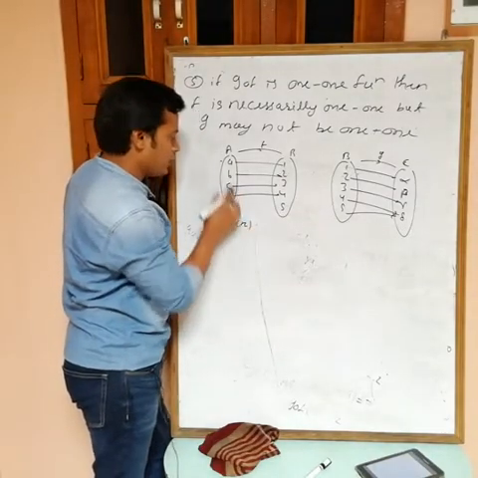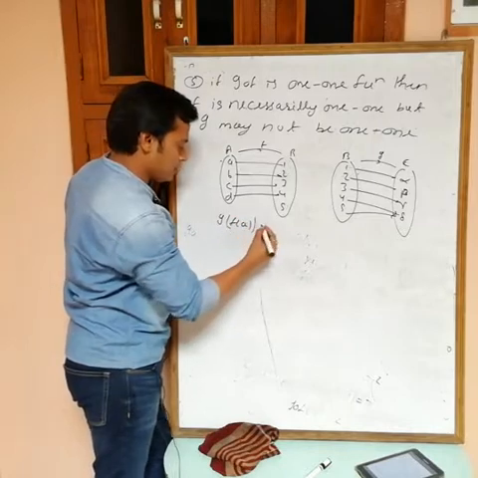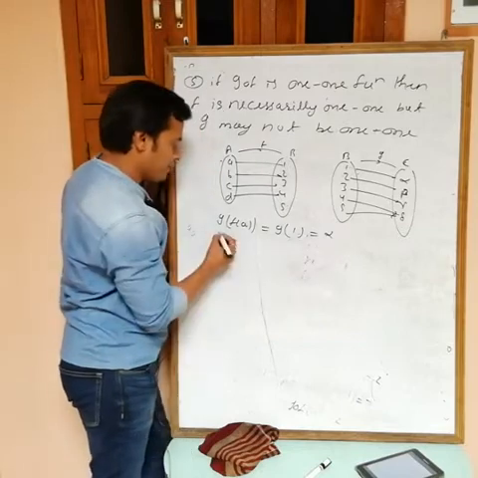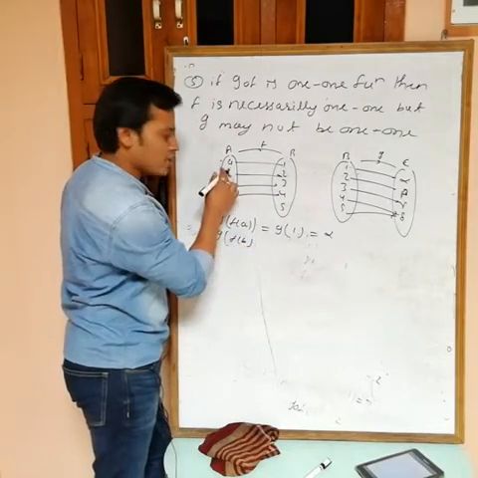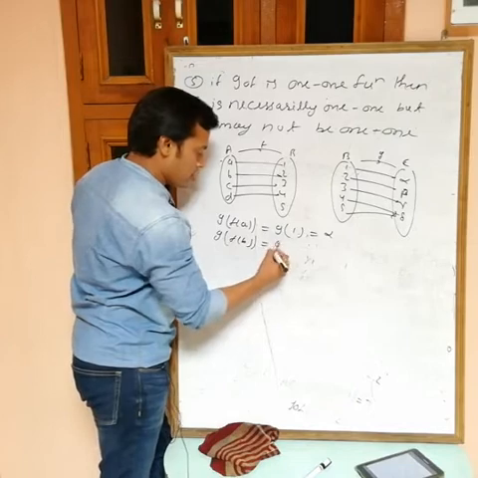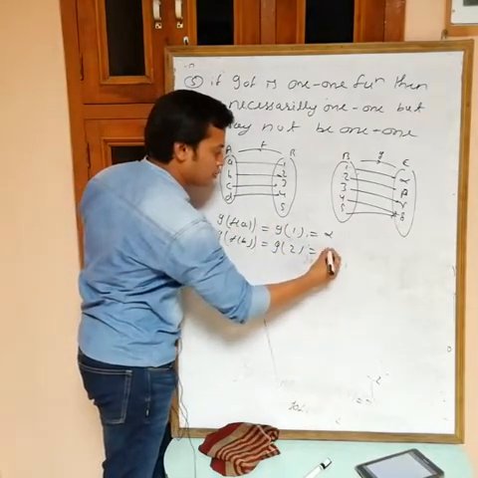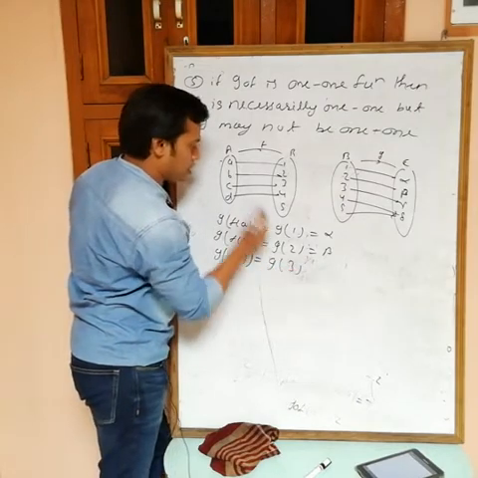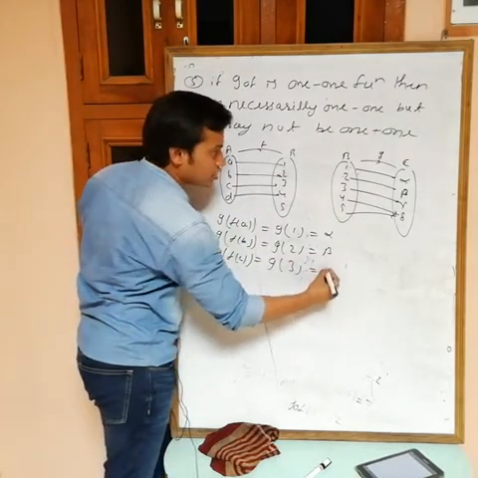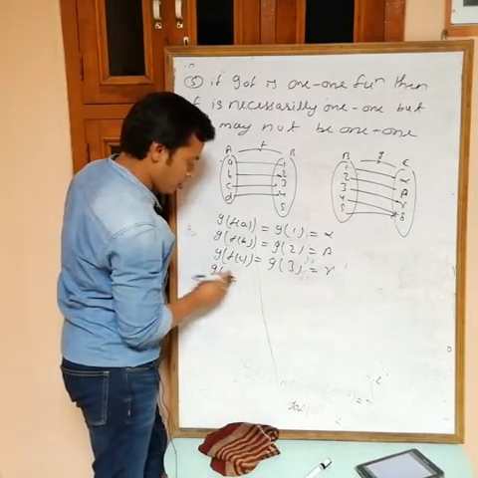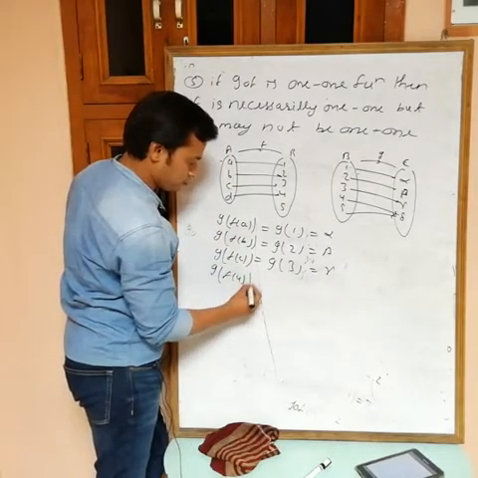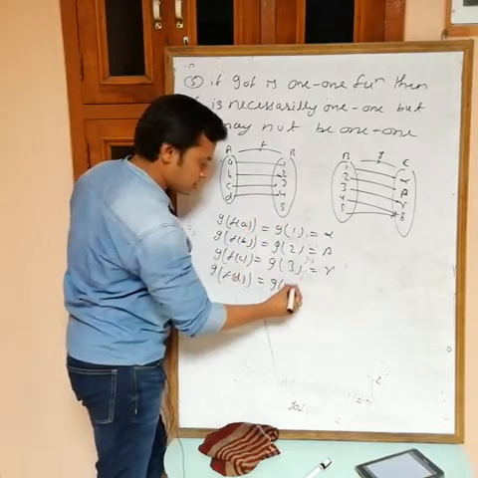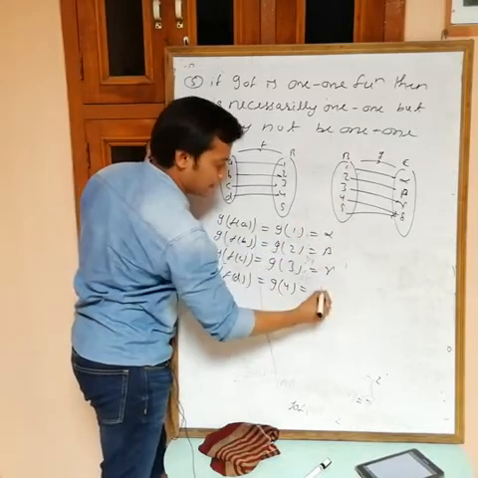Now g of f(x), put any value of x, first a: g of f(a) is g(1), which is alpha. Next value of x, g of f(b) is g(2), which is beta. g of f(c) is g(3), which is gamma, and similarly g of f(d) is g(4), which is delta.